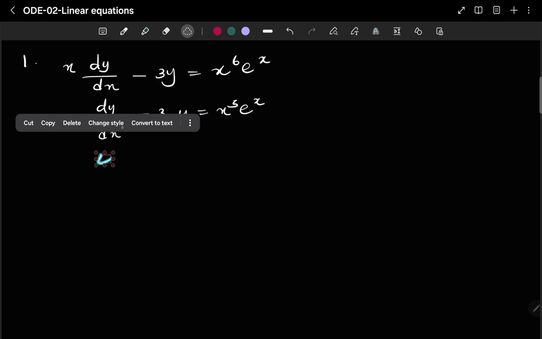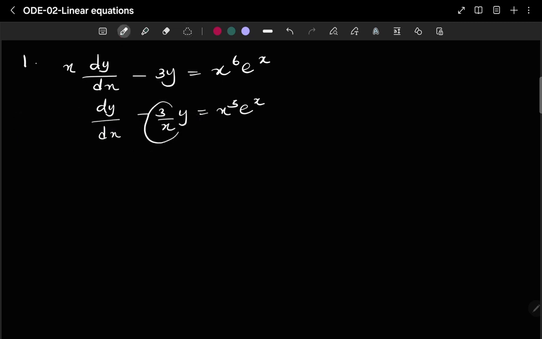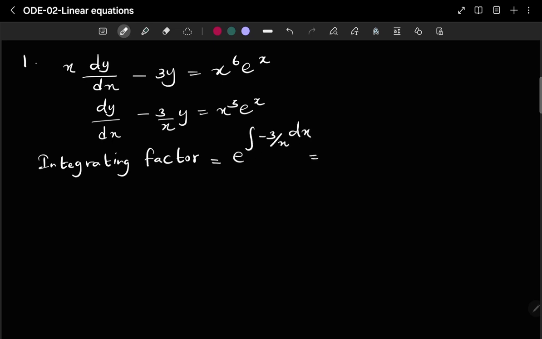Here minus 3 over x is the P(x), so the integrating factor equals e to the power integral of minus 3 over x dx.